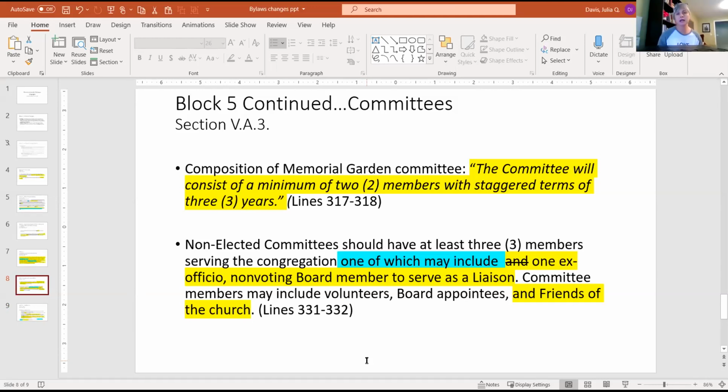Right, at least one. This might be a good time to also address that the board has tried to condense our committee structure.